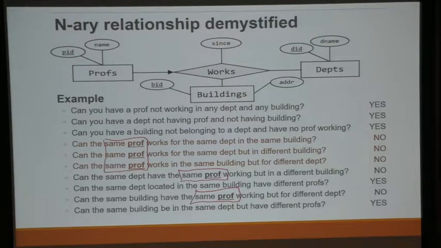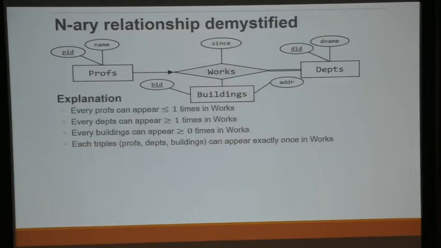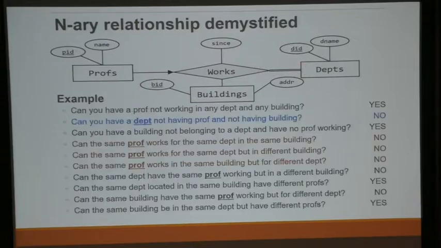Okay, so if you involve a total constraint like this, then that appears as blue. Okay, so the first 3 questions here are for total constraints. The 4th question for the n-ary will always be no. And this one is for the key constraint of the professors, and these 2 are also the same key constraint.